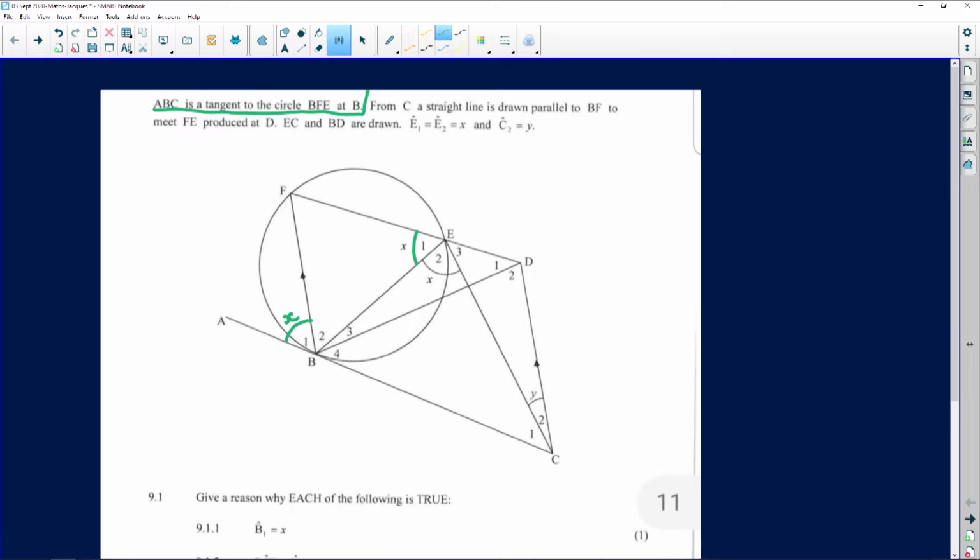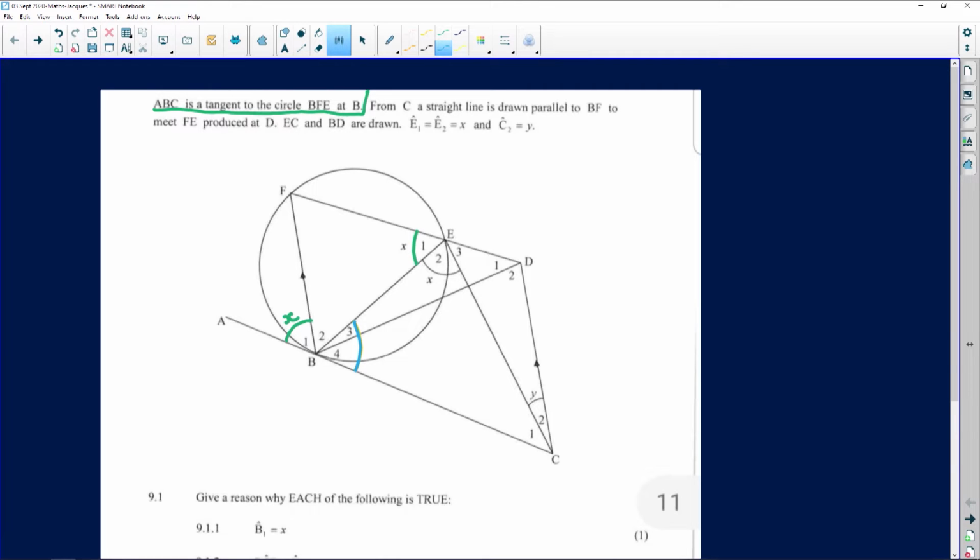There's another chord at BE. At BE, the angle between the tangent and that chord is this big angle. Let me use yellow here. Yellow doesn't look as nice on the white. Let's take it to a blue color.